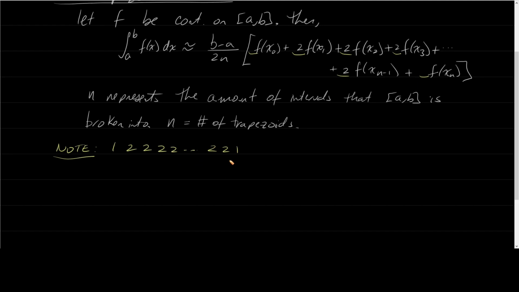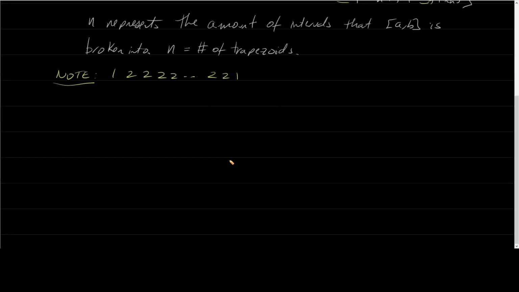Let's see why we would want to do something like this, and let's get a visual for this. We're going to compare this to rectangles. Let's say that I had this curve, where here's a and here's b.